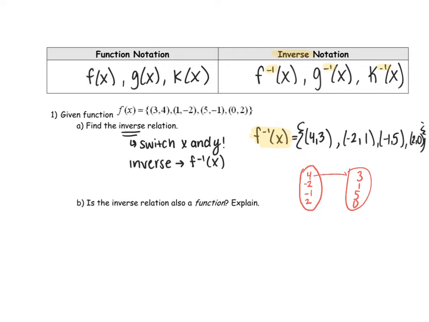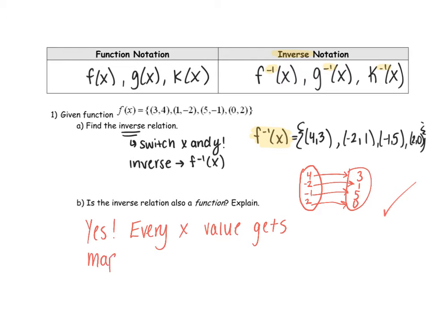So 4 goes to 3, negative 2 goes to 1, 1 goes to 5, and 2 goes to 0. So definitely yes, and the reason is every x value gets mapped to one y value.